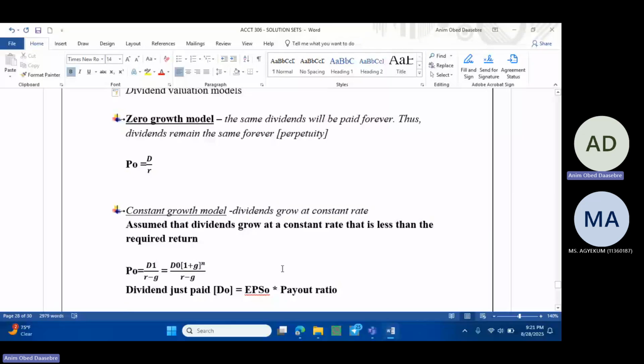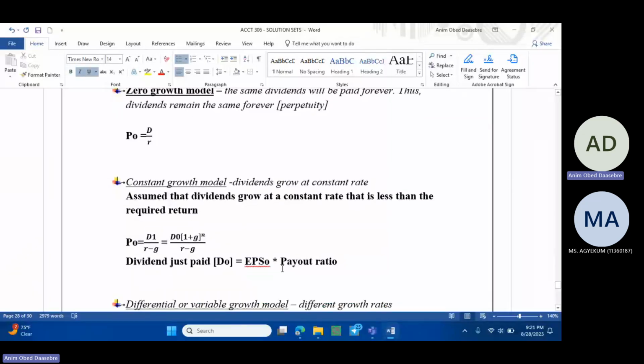So in that case, the formula that we can use is this. D1 here is the future dividend, because we assume that the dividend will grow.